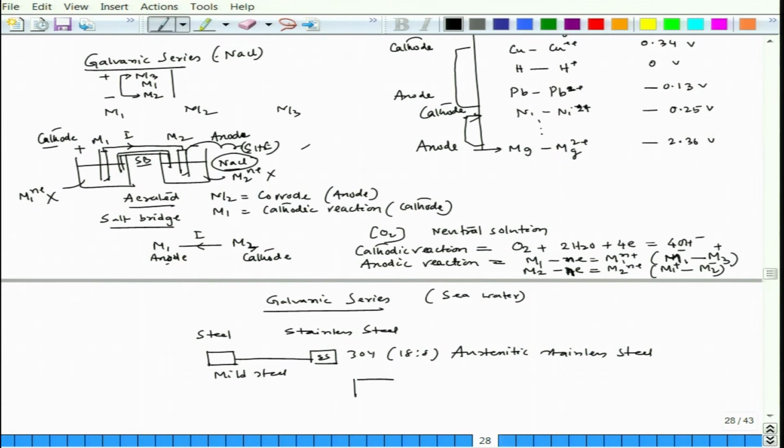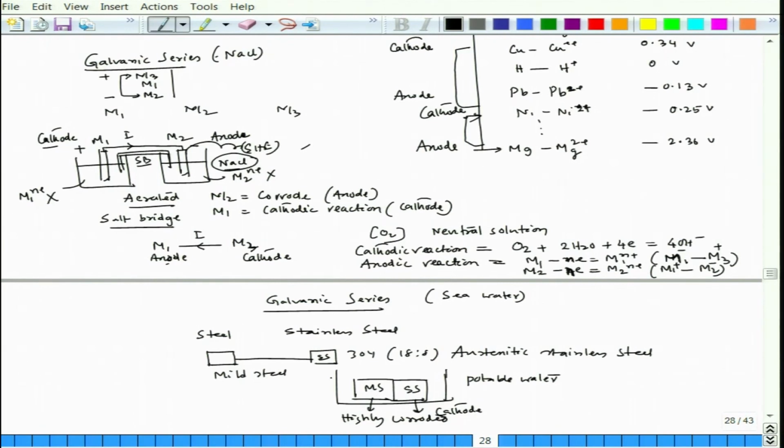One is mild steel, another is stainless steel, and if we expose this couple to normal potable water, you would see that the SS would become cathode, hardly any corrosion will be noticed there, but the mild steel will be highly corroded. Why does this situation happen?